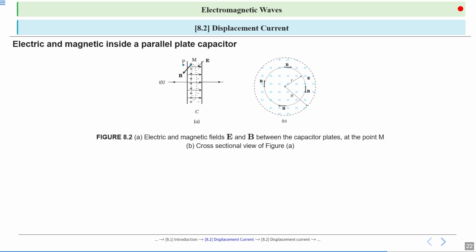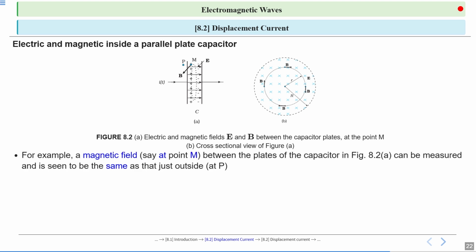This is the loop we have taken outside the capacitor plates, of radius r, so the magnetic field on this loop will be like this, as shown in the figure. Magnetic field is in the plane, and capital R is the radius of the capacitor plate. This cross is the electric field existing from the positive plate to the negative plate, and we are viewing from one side of the capacitor plate, so this cross is the electric field direction.